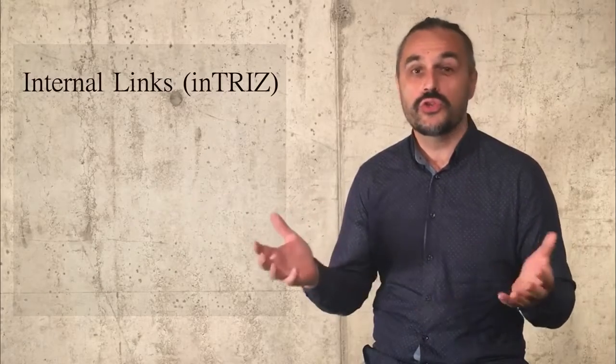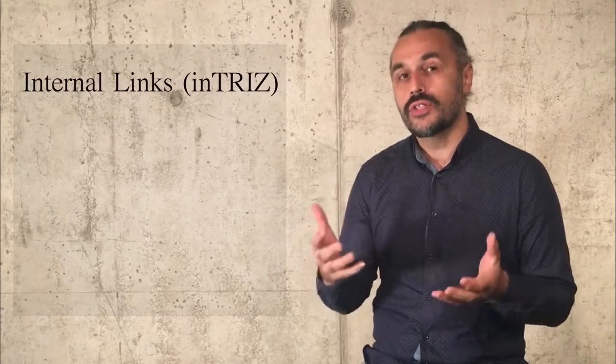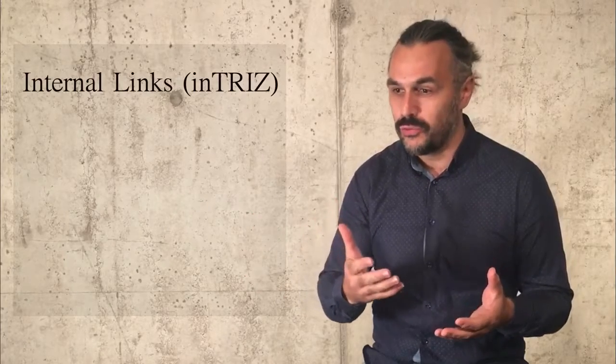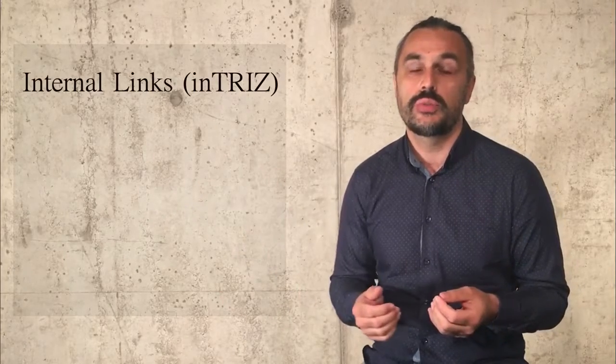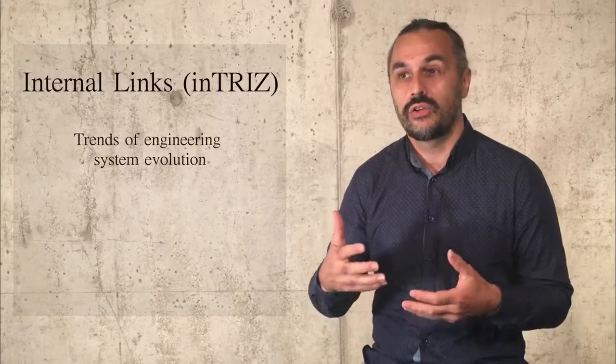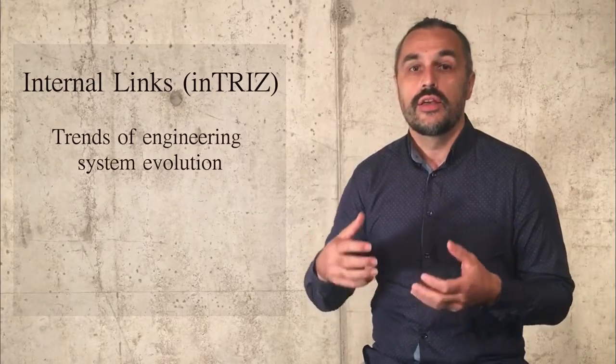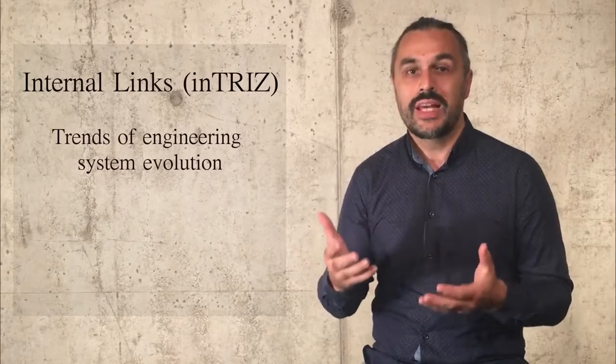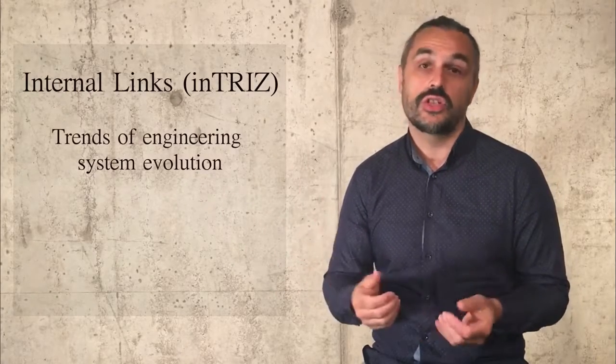First of all, if we believe the system evolves according to Altschuler's principles of technical or engineering system evolution, then evolving from one generation to another, the system gets rid of contradictions.